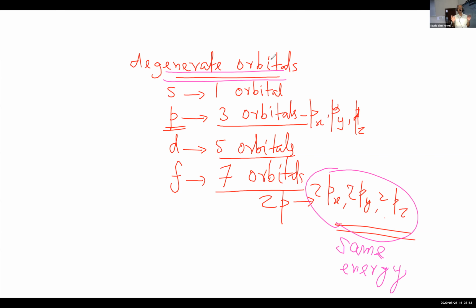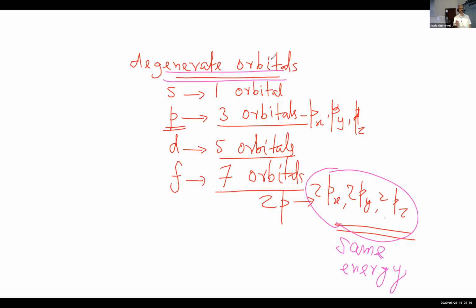We need both n and l values. The energy is determined by both n and l values. Okay, so you come to the subshell. The orbitals in a subshell will be having the same energy.